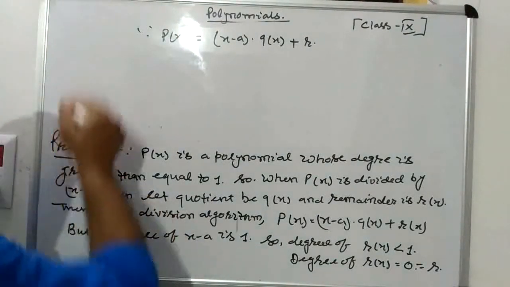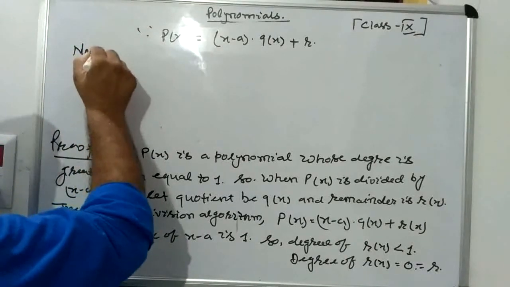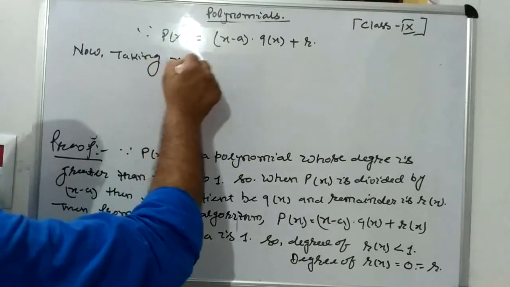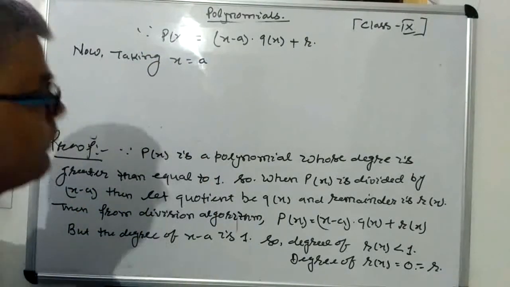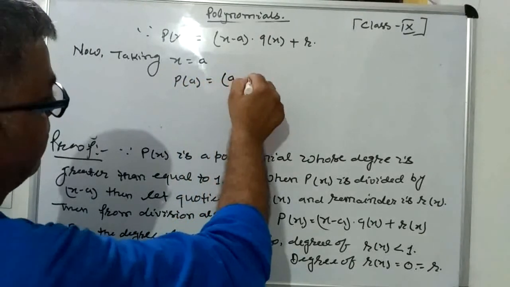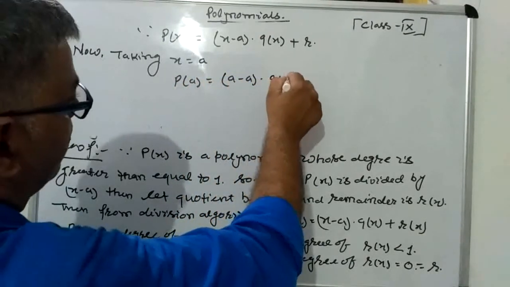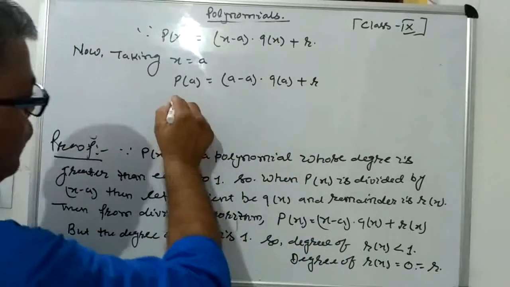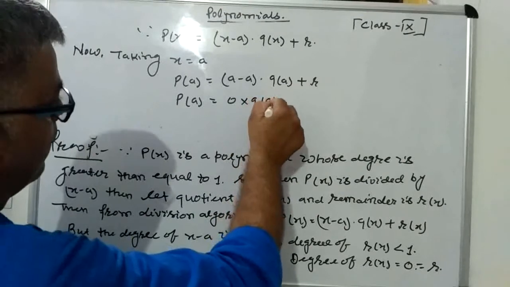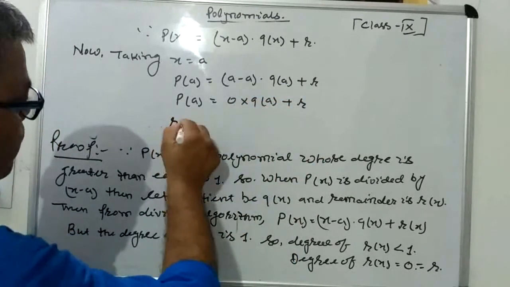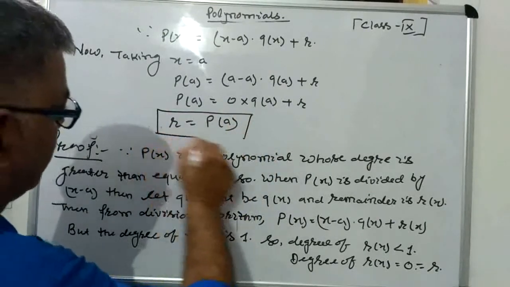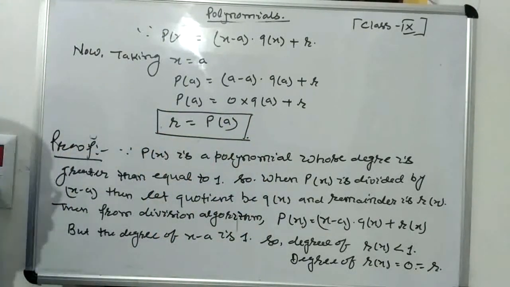Now taking x equal to the real number a, we have P(a) equals (a minus a) into q(a) plus r. So P(a) equals 0 into q(a) plus r. So hence we have r equals P(a), and this way the remainder theorem has been proved.